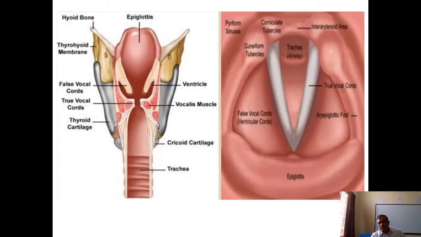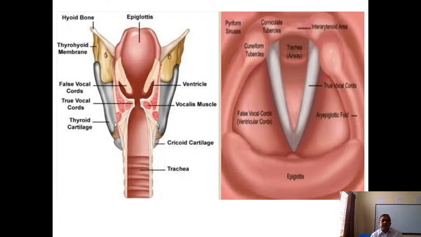The oropharynx leads into the laryngopharynx, which leads into the larynx, and the larynx continues down into the trachea, the bronchi, the segmental bronchi, the bronchioles and alveoli.